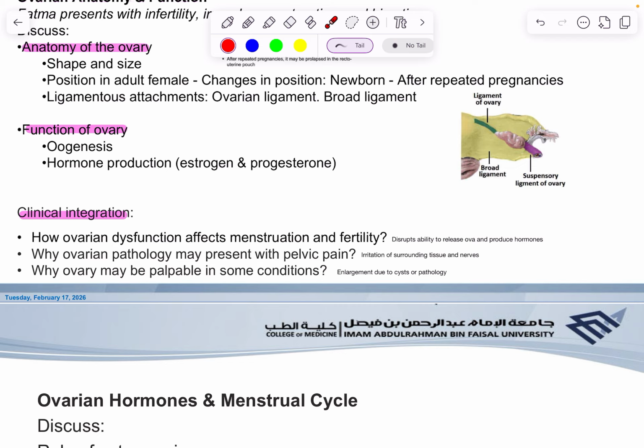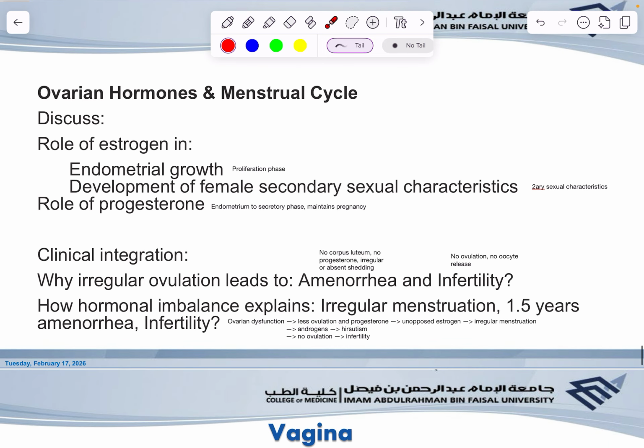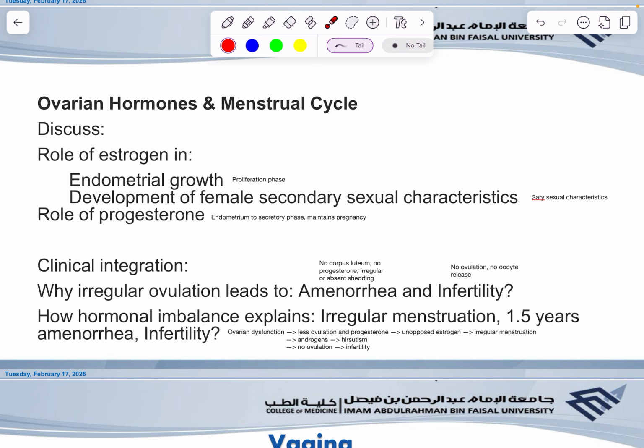And it can be palpable in some conditions, as we said, because we can have cysts or specific pathologies. The role of estrogen in endometrial growth is that it's responsible for the proliferation phase. And for secondary sexual characteristics, it's responsible for, for example, development of the breasts. And the role of progesterone is that it's responsible for starting the secretory phase and also maintaining pregnancy.